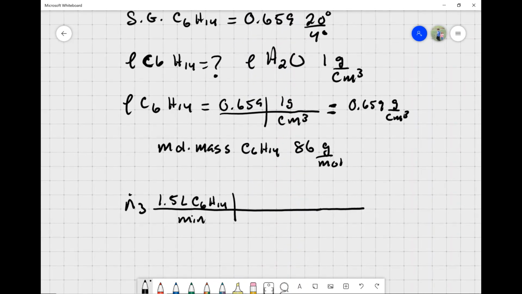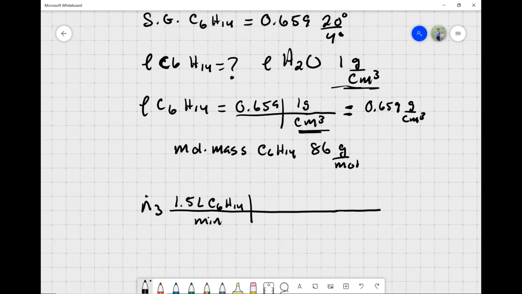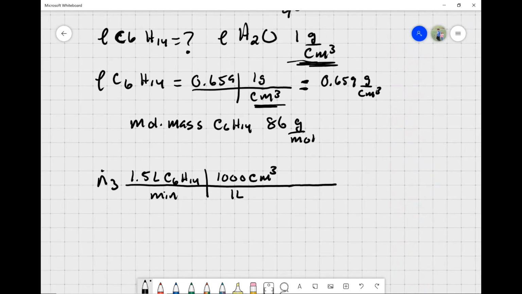And well, we have liters and we need cubic centimeters, right? Because we put our density of C6H14 in terms of cubic centimeters. So by my math, there is 1,000 cubic centimeters in 1 liter. So that's going to handle that.